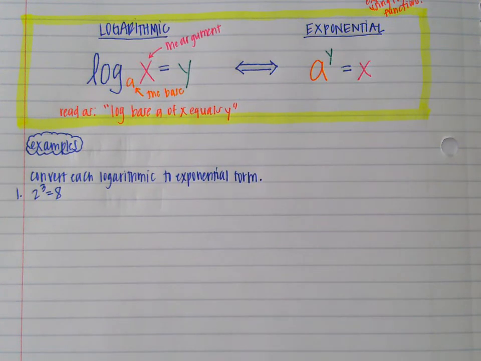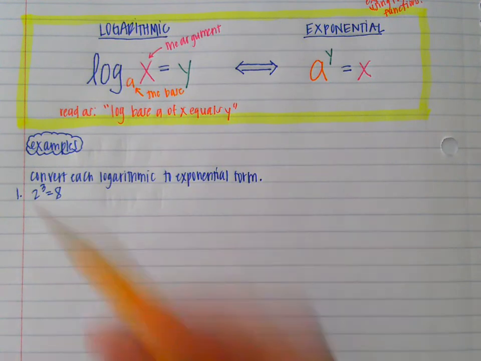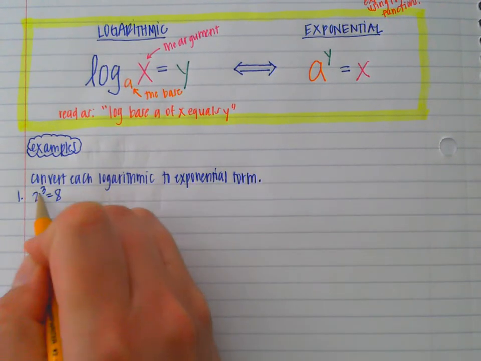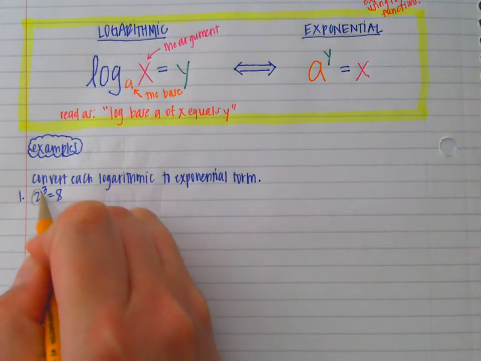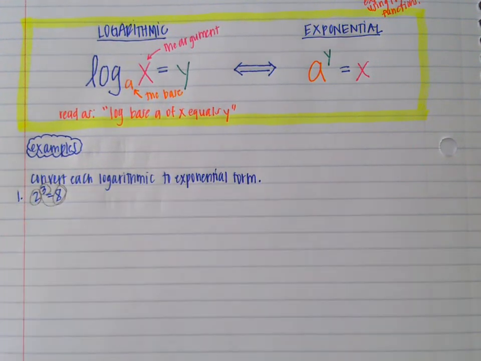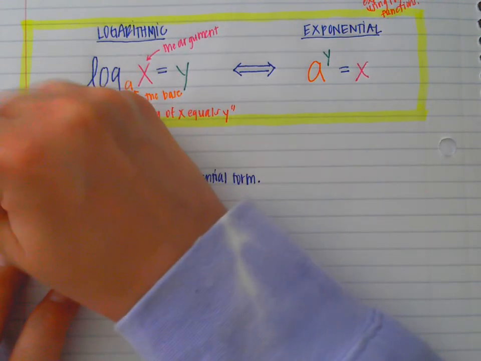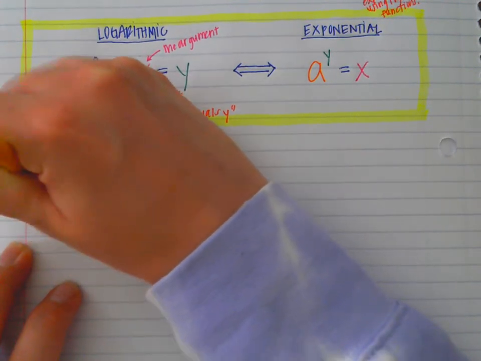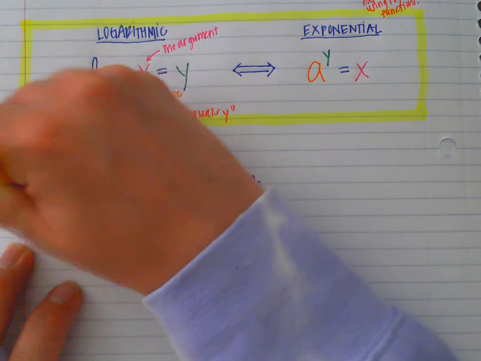So the way that we would do that, you can do the loop-de-loop. So I'll show you with that. The loop-de-loop would be log base 2 of 8 equals 3. But I just think about it without writing all over it.